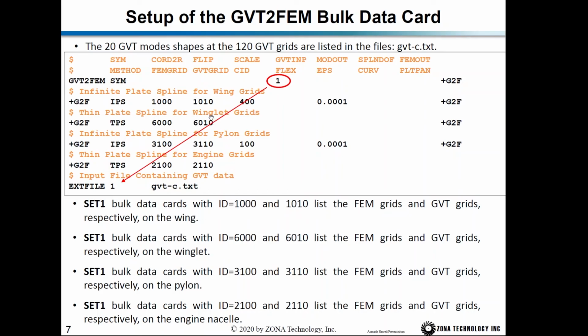And for the winglet, we use a thin plate spline, and 6000 and 6010 are the FEM grid and GVT grid on the winglet. And for the pylon, it's shown here, and we use IPS. For the engine nacelle, we use a TPS.